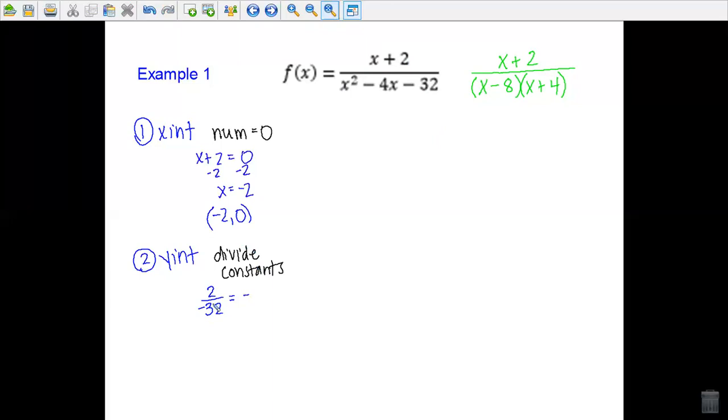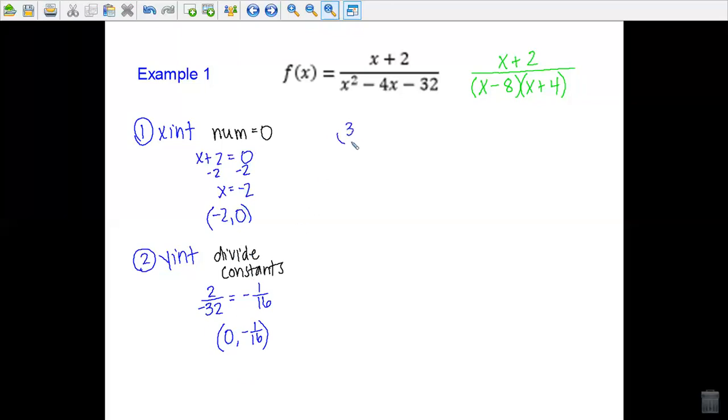Stays negative, but 2 goes into both of those, and we get negative 1 over 16. All right, and just like before, it has to be an ordered pair. So my ordered pair for my y-intercept has a 0 first, and then negative 1 over 16. All right, so I set the numerator equal to 0, and then my y value is 0 for the x-intercept. I divide the constants, and my x value is equal to 0 for the y-intercept every single time.